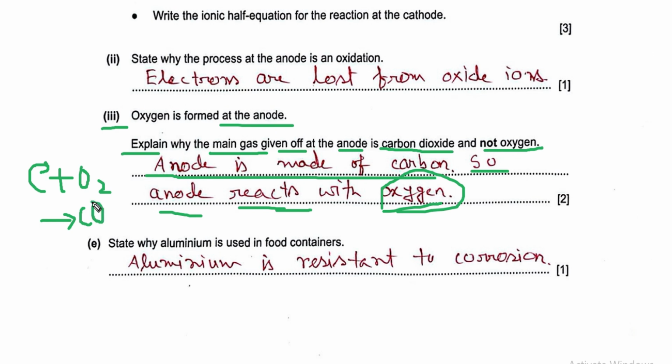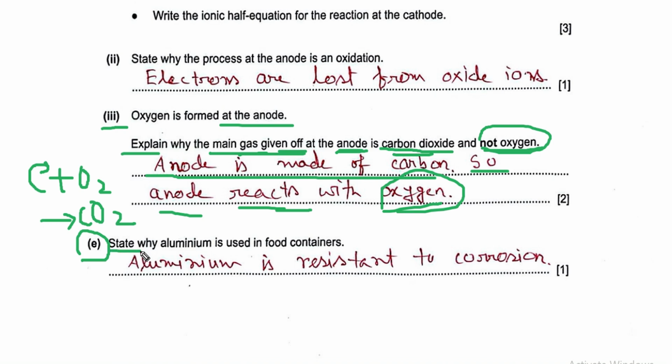That's why the main gas given off at the anode is carbon dioxide, not oxygen, because oxygen produced at the anode reacts with the anode to produce carbon dioxide.